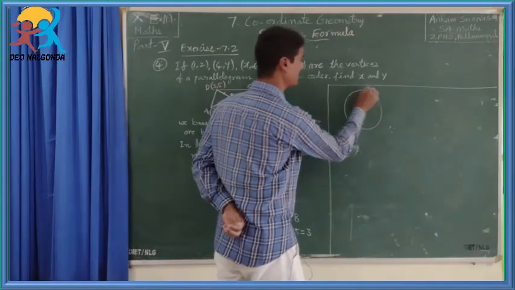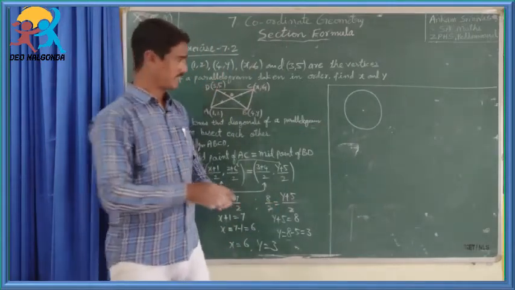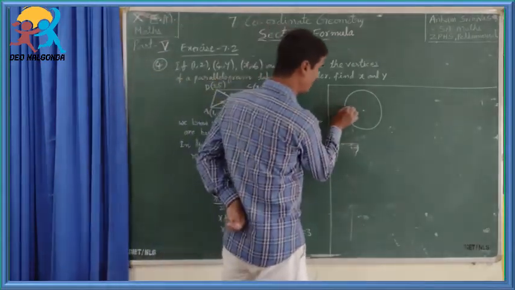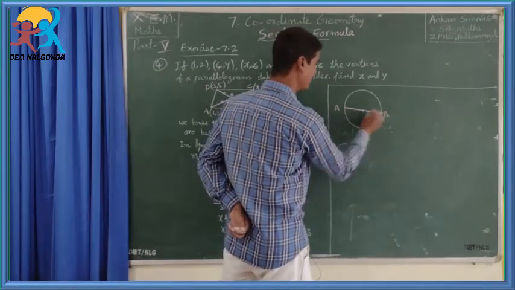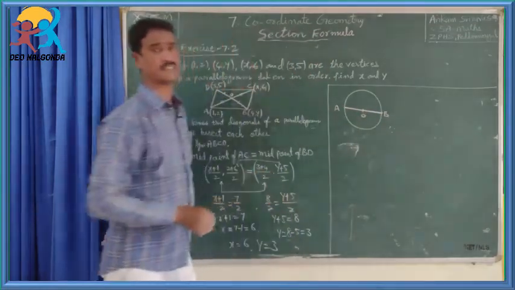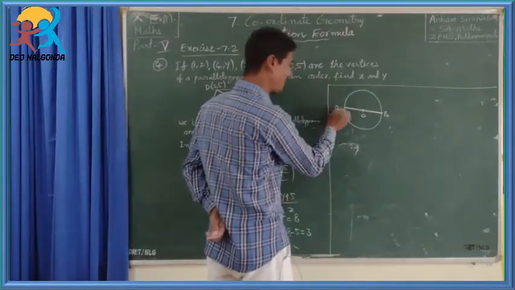Let us suppose a circle, and this is the center of the circle. Let's take the diameter AB. Now we will give the endpoints of the diameter of the circle.